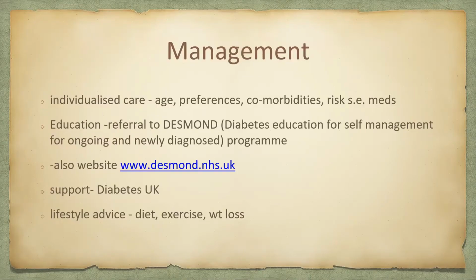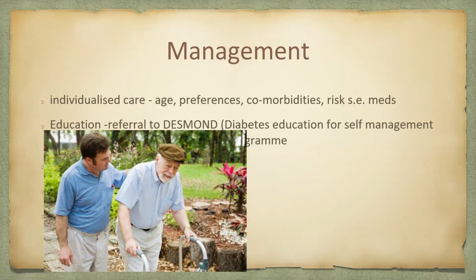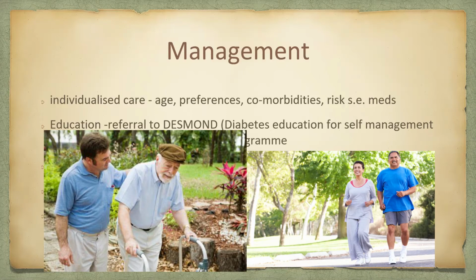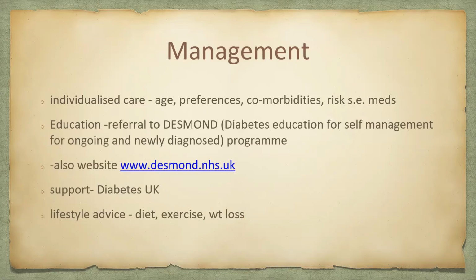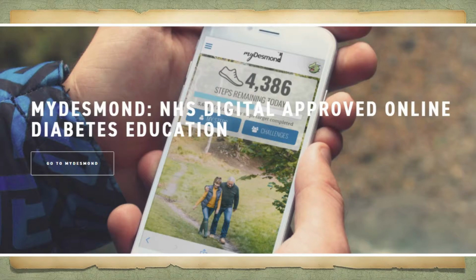The CKS NICE website highlights the importance of individualized care. Each person has their own diabetes care according to their age, preferences, comorbidities, and risk of side effects. Every newly diagnosed person needs to be referred for education, DESMOND, which is Diabetes Education for Self-Management for Ongoing and Newly Diagnosed Diabetes.